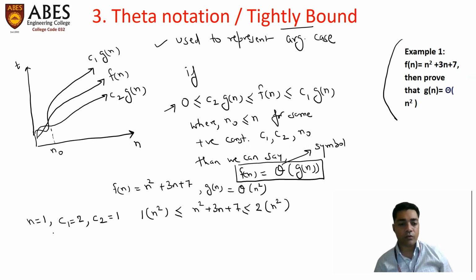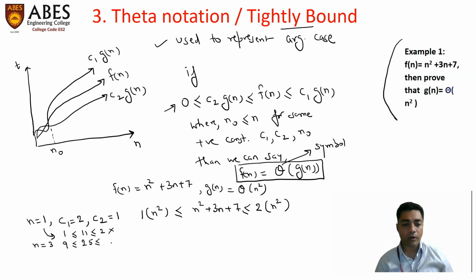Okay, let's try this. So for n equal to 1, what should be the value? It's going to be 1 less than or equal to 1 plus 3, 4 plus 7, 11, less than or equal to 2. So is it correct? No. So let me jump to n equal to 3. So it's going to be 9 less than or equal to 9 plus 9, 18 plus 7, 25, less than or equal to 9 into 2, 18.